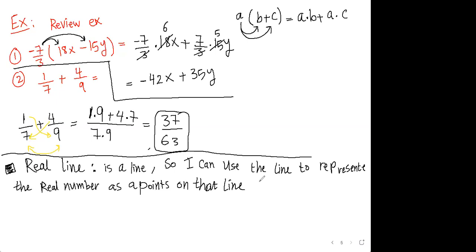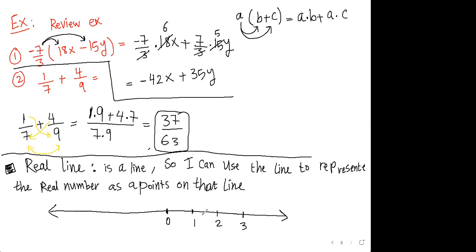And here I have a question. It's not like a function. No. So look, what's the real line? This is the real line. A line has points, okay? 0, 1, 2, 3.